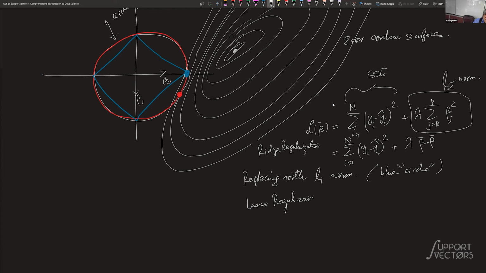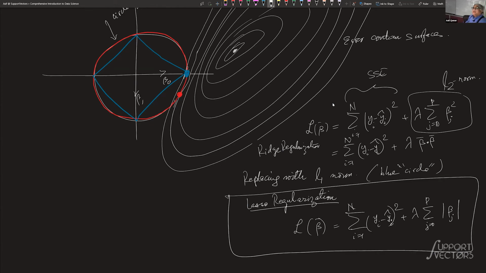Either beta naught or beta 1, but not both. So this now becomes, the first term remains the same, the sum from i equal to 1 to the number of data points of yi minus yi hat squared. But what does it do to the second term? The equation of the constraint is the absolute value, the sum over j to p of the absolute value of beta j. So this is Lasso regularization.